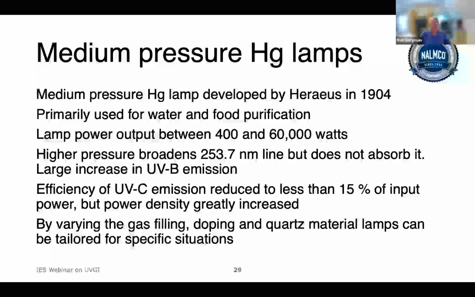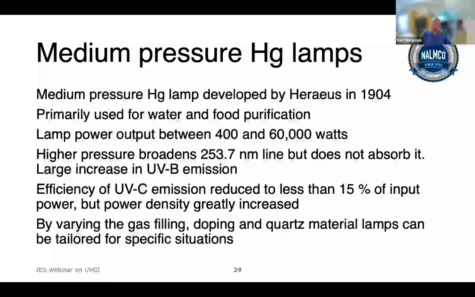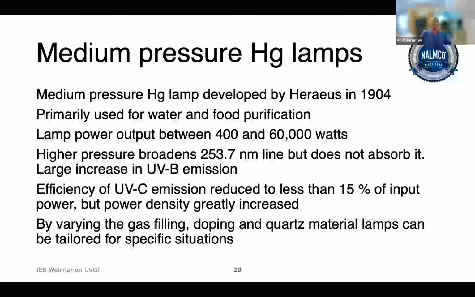So what happens, though, as you increase the mercury pressure is that the very big piece in the UVC, the 253.7 line, is still there, but it gets reabsorbed by the gas, and so the emission spreads to other regions.